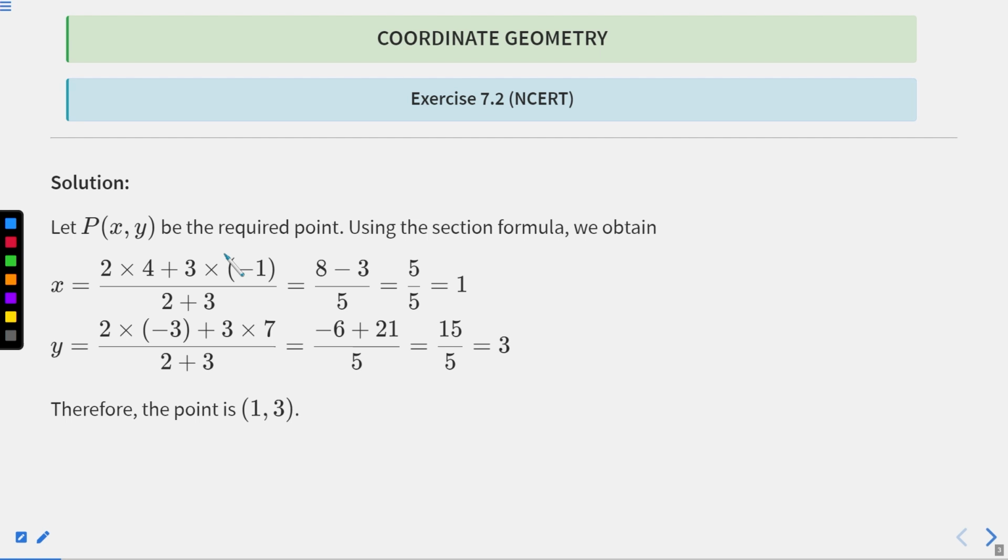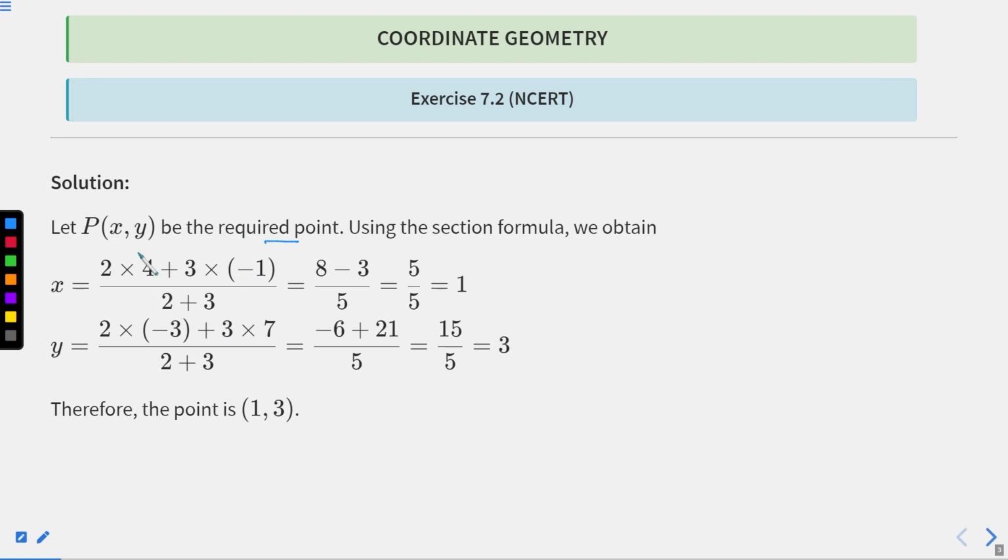First, let P of x comma y be the required point. Now, using the section formula, we obtain the value of x is equal to 2 into 4 plus 3 into minus 1 divided by 2 plus 3.